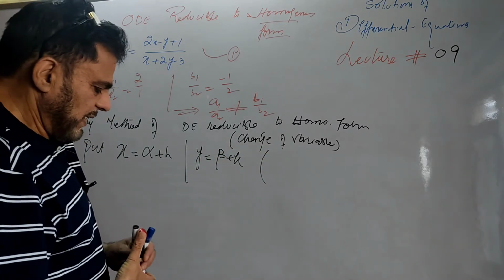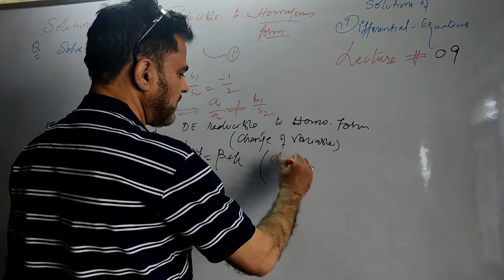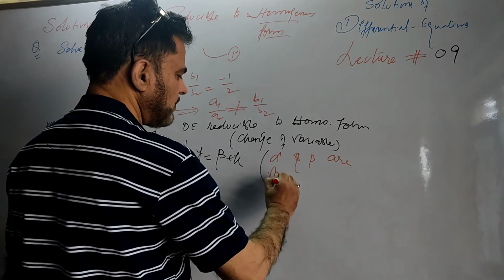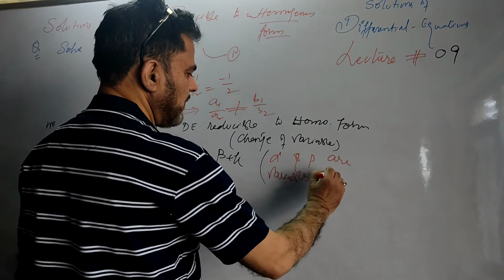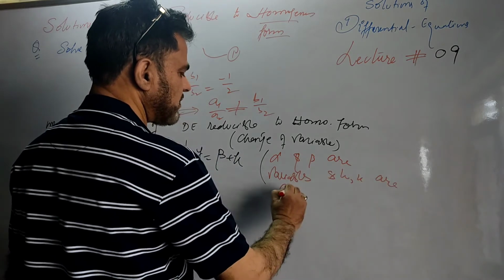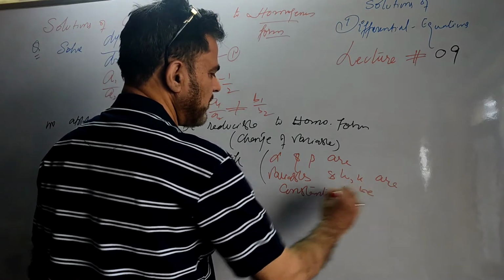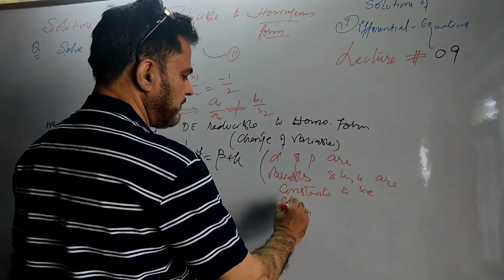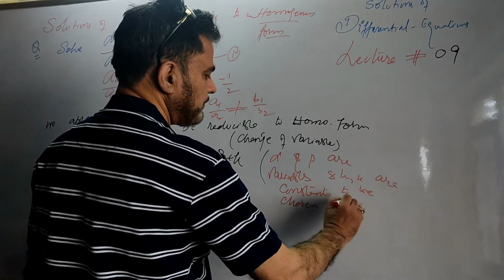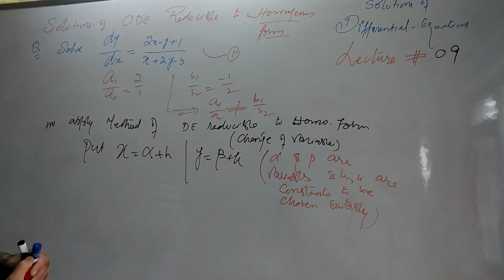As usual, alpha and beta are variables, and h comma k are constants. These are constants to be chosen suitably as per our requirement.